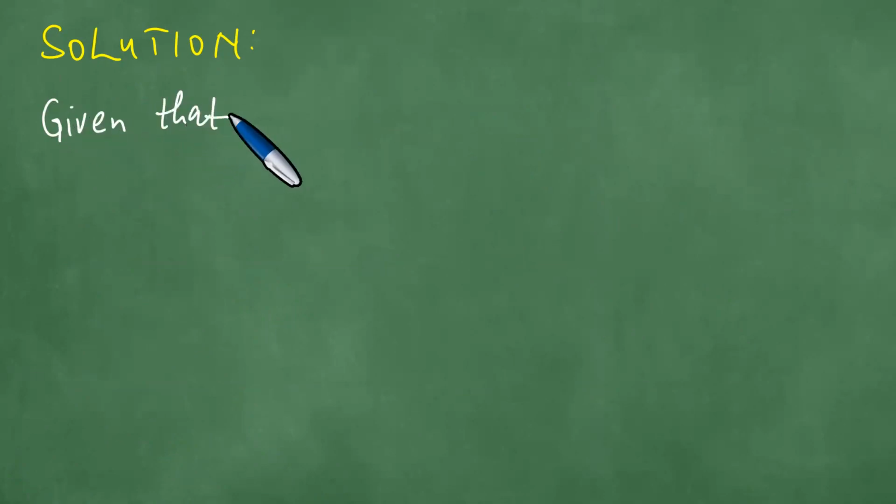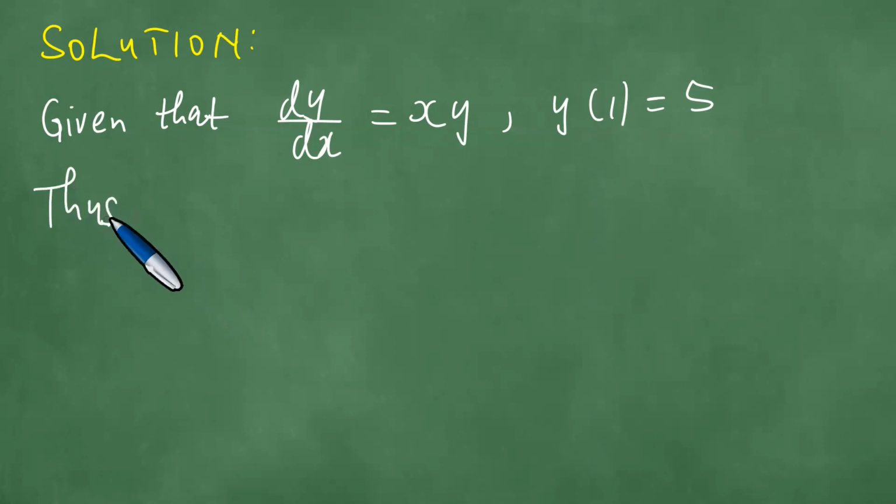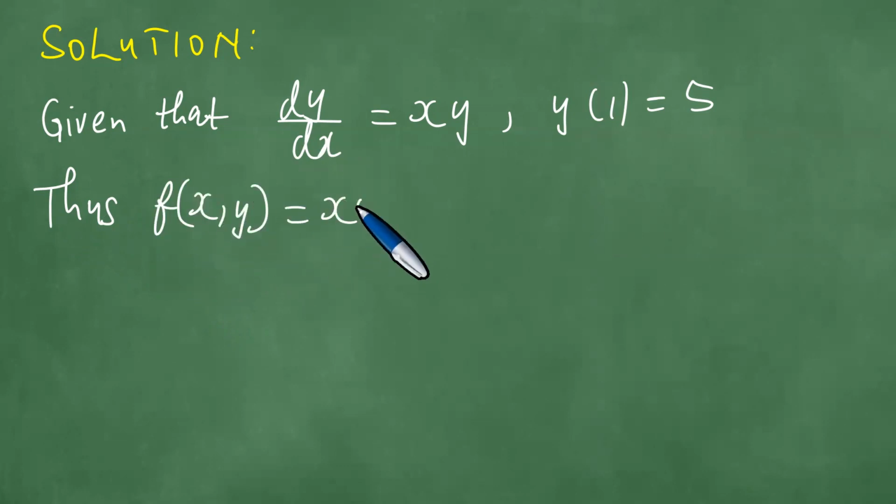Given what has been given, we first write down the question. It's standard in mathematics to say, given that dy/dx is xy, that is the question, and y at 1 is 5, that is the initial value. Thus, if you are given the differential equation, it means that f(x, y) is xy.